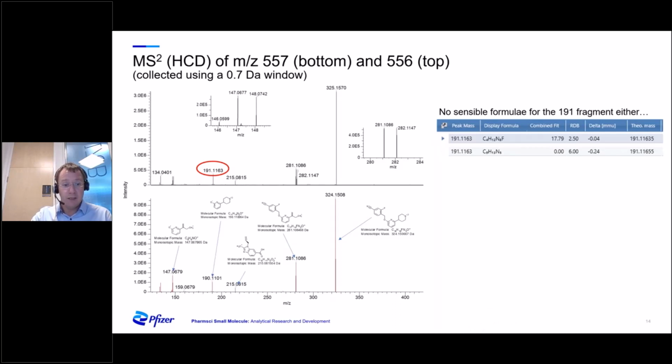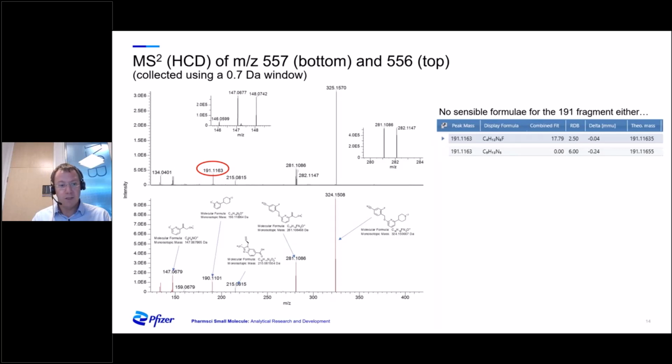However, there are a few ions like 325, which are 1 Dalton heavier in the impurity peak, and some are unchanged, like 215, and there are some like 190 and 281 that exhibit both the same ion and 1 Dalton heavier. So in an effort to identify what was causing the 1 Dalton mass difference, we looked at the 191 fragment and put that through the formula generator, and again got no sensible formulae when we used the sort of elements that we were expecting to see.